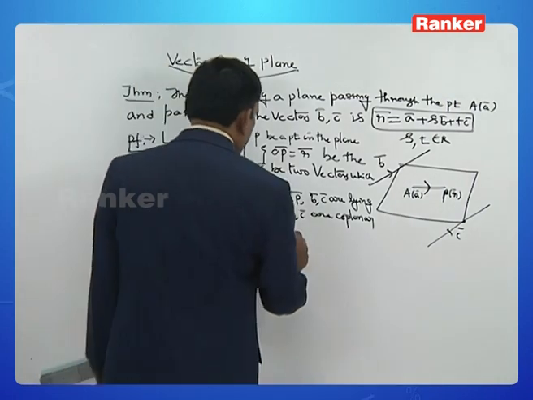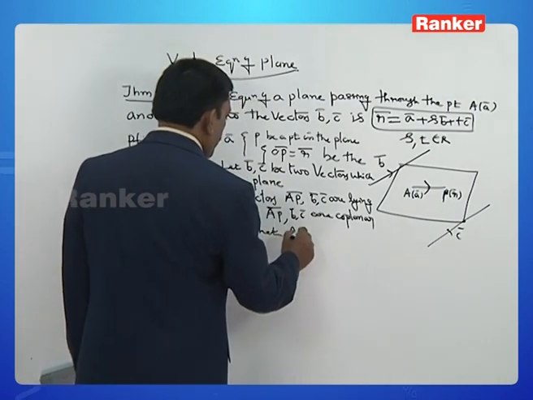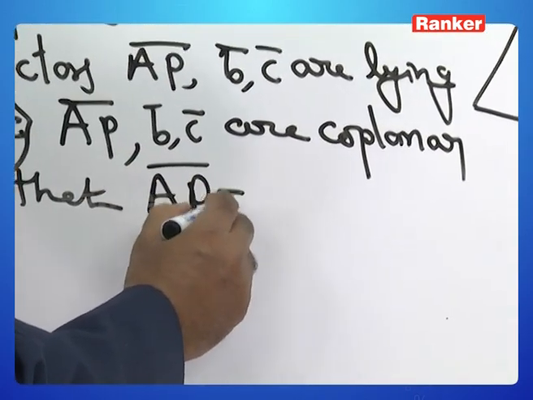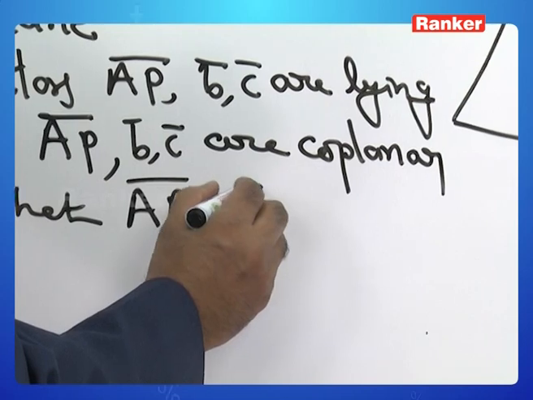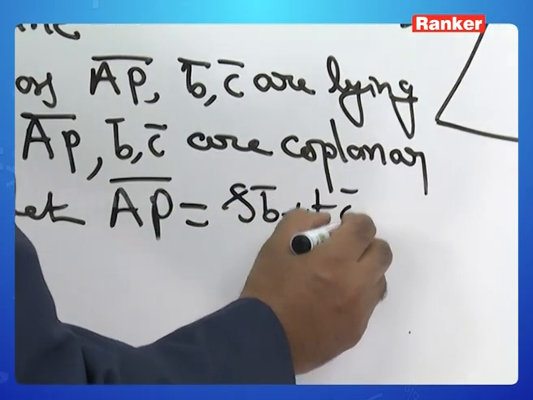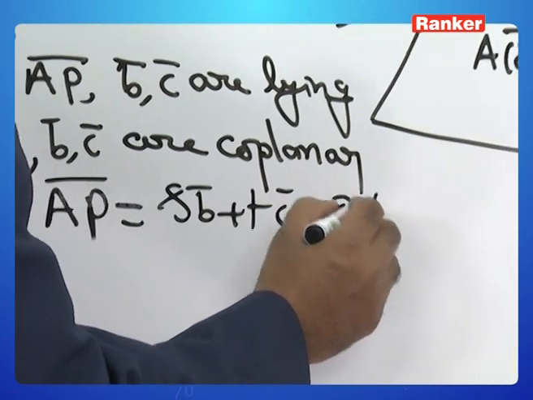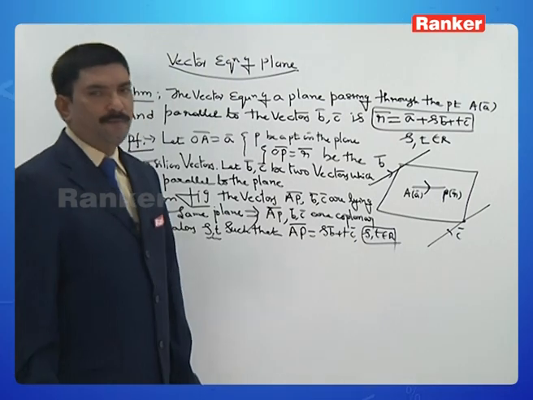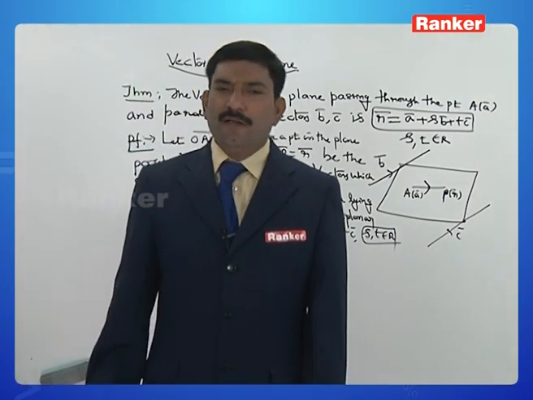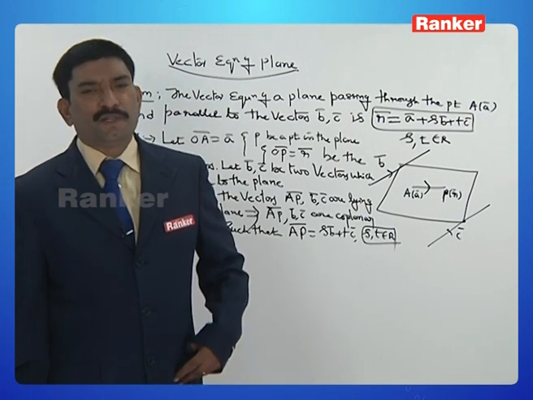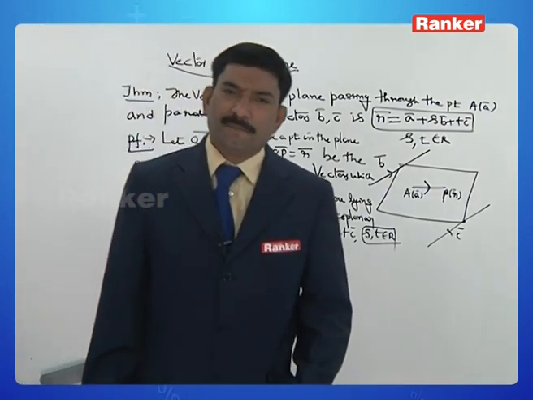Therefore, I can write AP bar, which comprises the unknown OP and must be free from the scalar multiple, as S B bar plus T C bar, where S, T belong to R. But AP bar is not given; its position vectors are given.